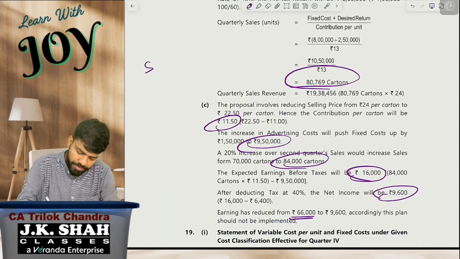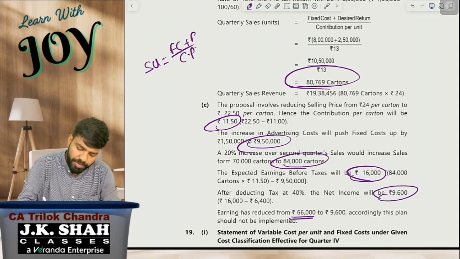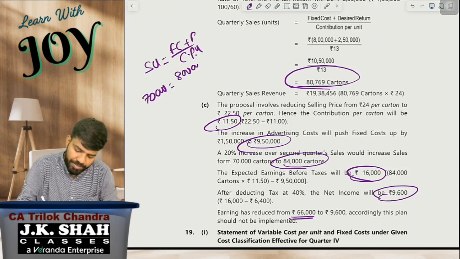Sales units equal to fixed cost plus profit divided by contribution per unit. In the present scenario, sale units is 70,000, fixed cost is 8 lakhs plus profit divided by contribution per unit 13.